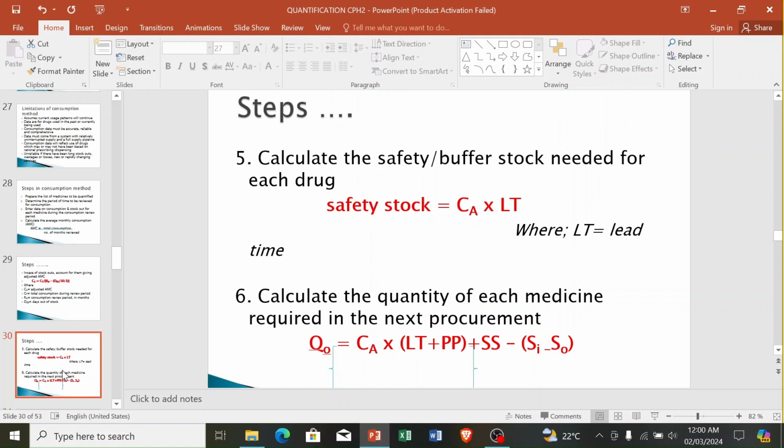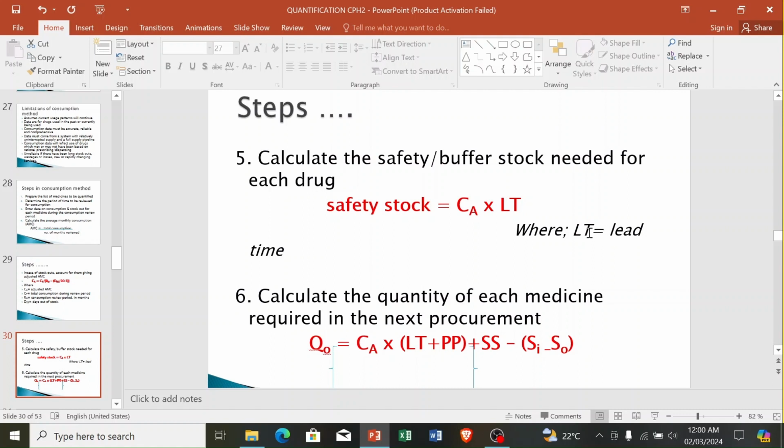Another step: calculate safety or buffer stock needed for each drug. Safety stock is the adjusted average monthly consumption times the lead time.